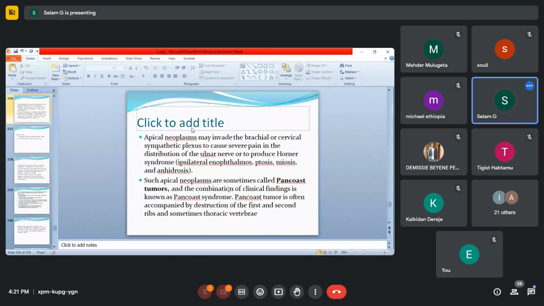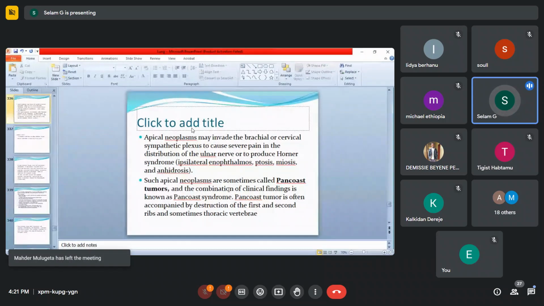So on the side, patients will have the drop of the upper eyelid, the constriction of the pupil, and difficulty of sweating on one side of the face.